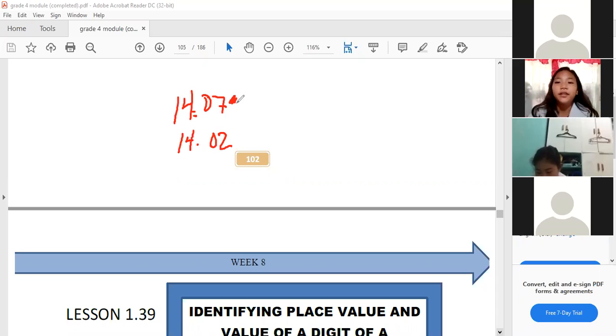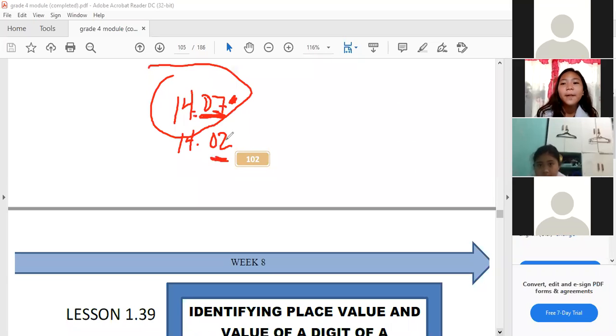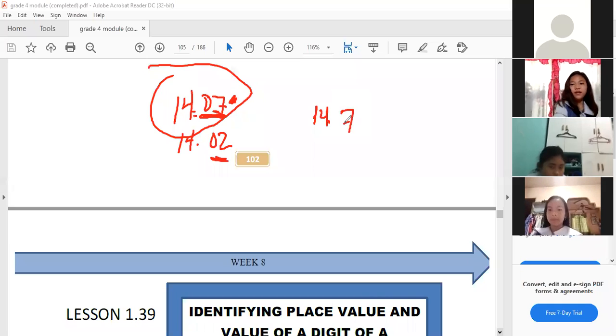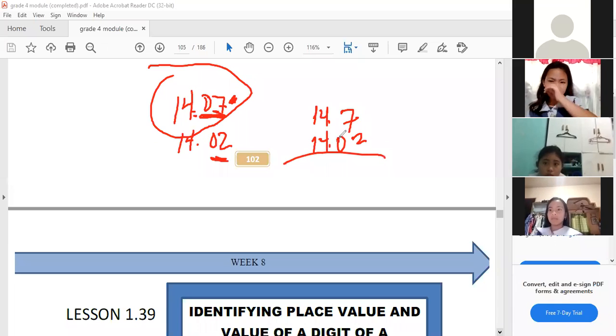It's 0.7. 0.7 is greater than 0.2, right? But if it's 14.7 and 14.02, which is bigger? Still this one. Okay?